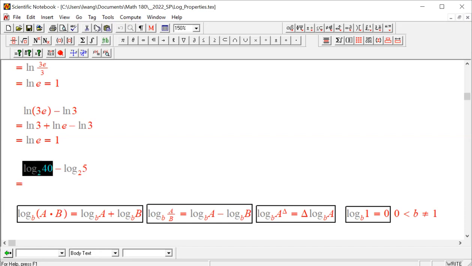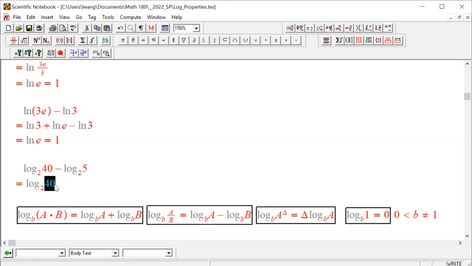So this will make log base 2 of 40 equal to 5 times 8, or 8 times 5. Doesn't matter which order, right? Subtracting log base 2 of 5.